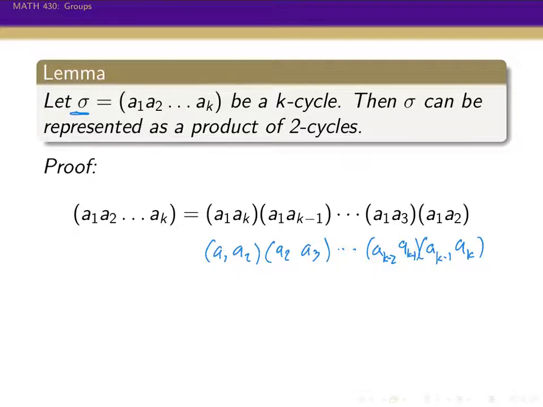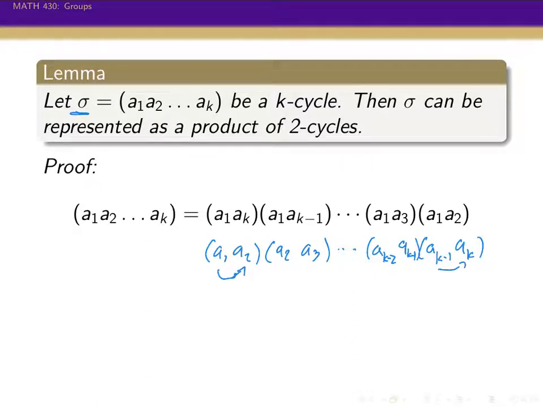And you can kind of check and go through. If you plug in A_{K-1}, A_{K-1} is going to get sent to A_K, and then A_K doesn't appear anymore. So you're done. If you plug in, say, A1, A1 doesn't appear till the very end, and then gets sent to A2.